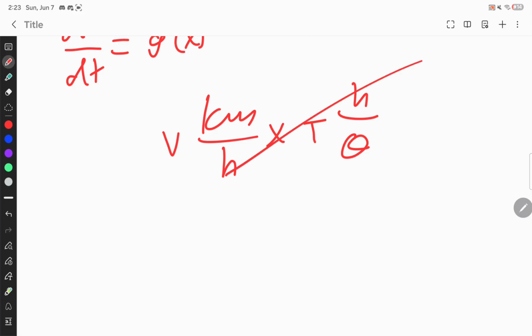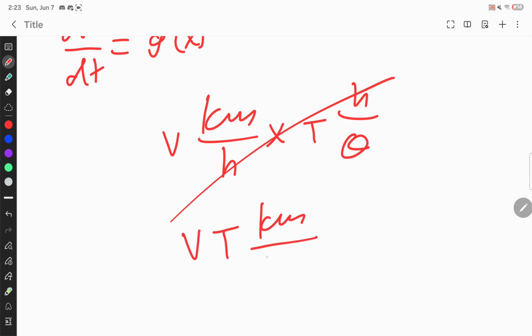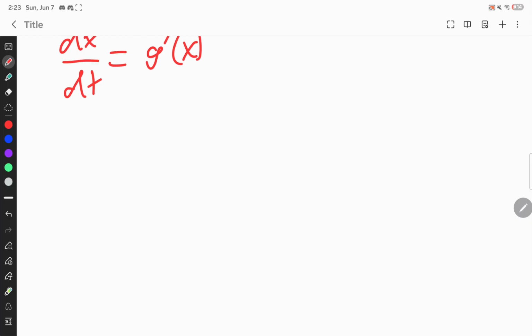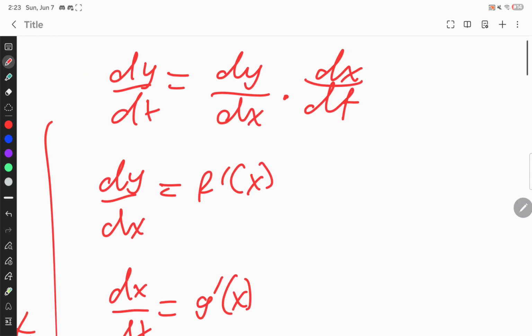So we cancel out the time, we get the quantity Vt, meters per degree. Distance over temperature. Okay, that's the example, cancelling units. Here we do the same thing. We cancel units.